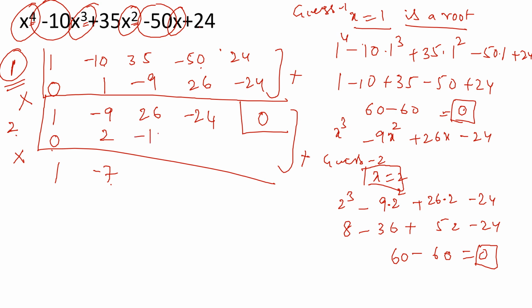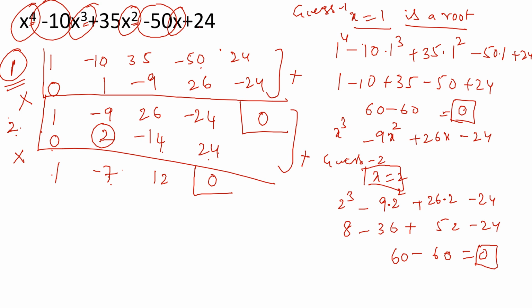Minus 14 plus 26 is 12, and 12 twos are 24. You got 0. The multiplied number you write here, and the two numbers you add.